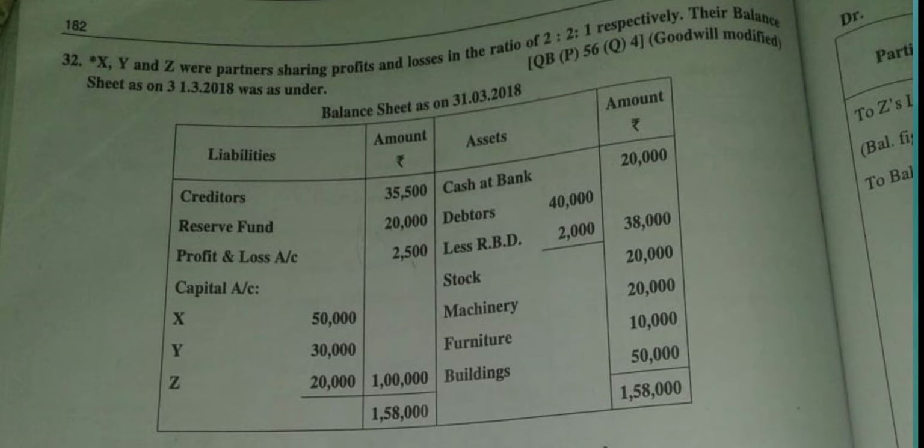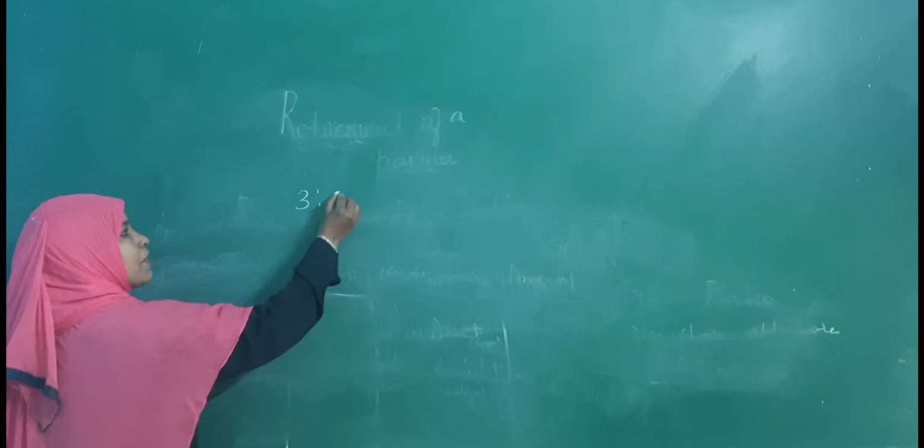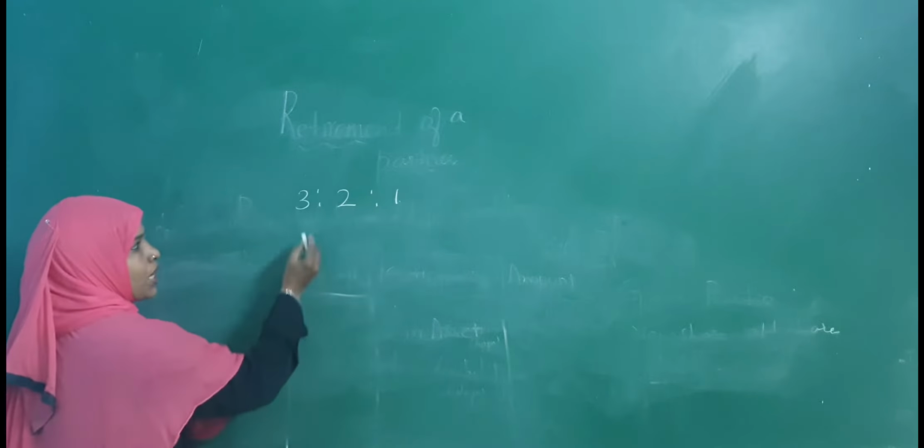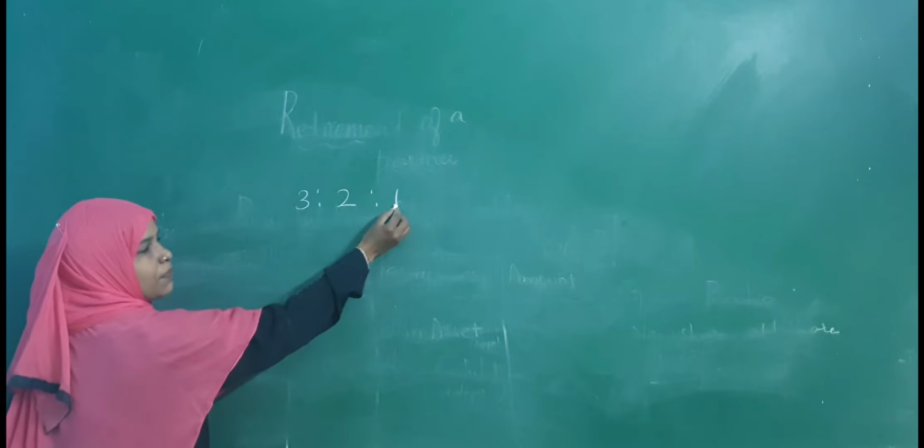The sum is: X, Y, Z were partners in a firm sharing profits and losses in the ratio of 2:2:1. See, many of you may have doubt when you do even ratios, because I have seen students make mistakes when doing ratios. Okay. Fine. I will teach you that also. Suppose they give 3:2:1, 3 plus 2 is 5, 5 plus 1 is 6.